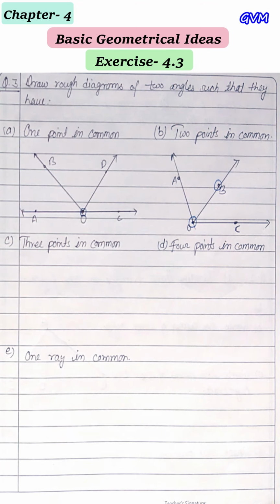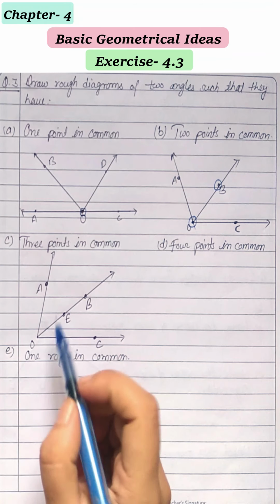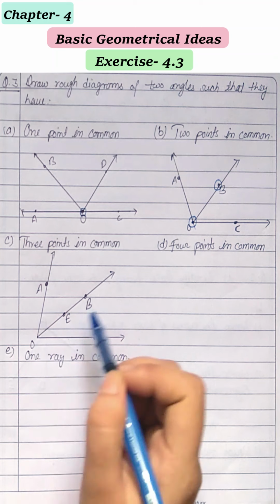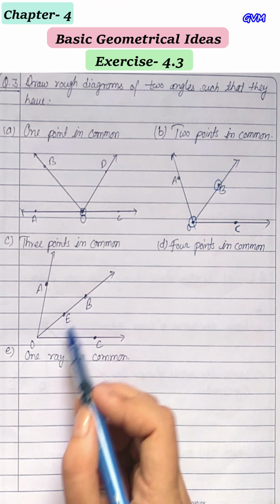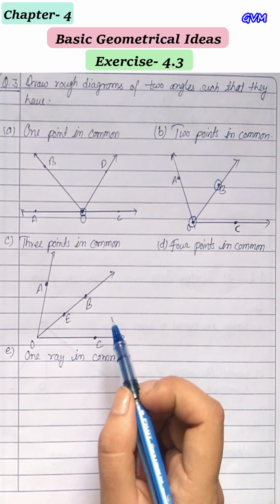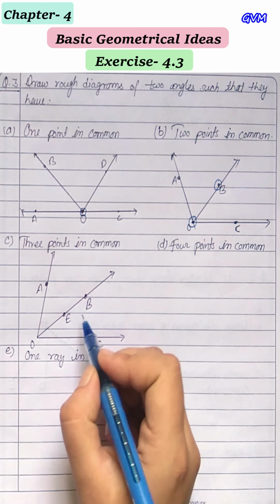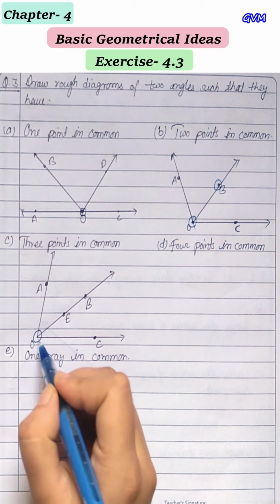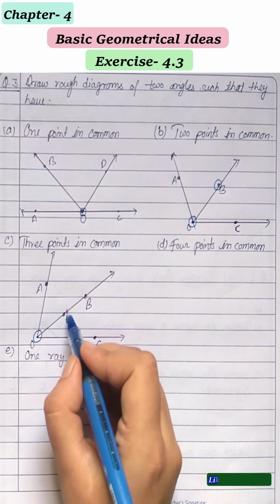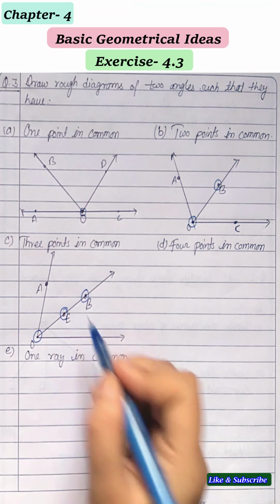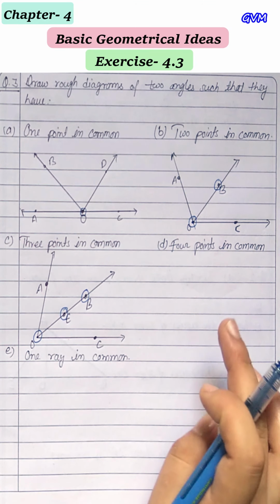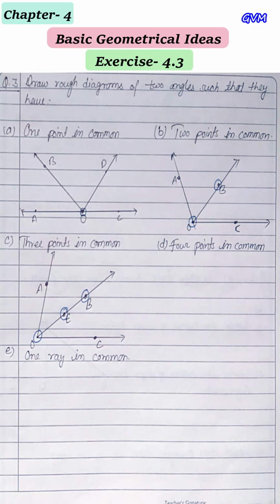Now we can see here that we have two angles, angle AOB and angle BOC. In these two angles we have 3 common points: one, this origin O; second, this point E; and third, this point B. Now similarly we can draw for 4 points in common.